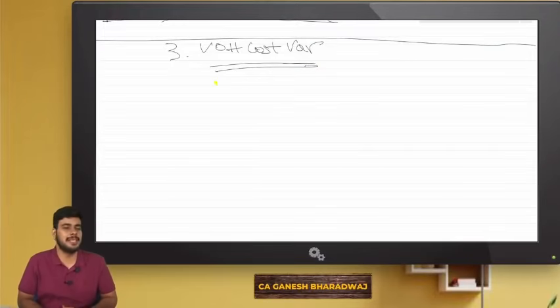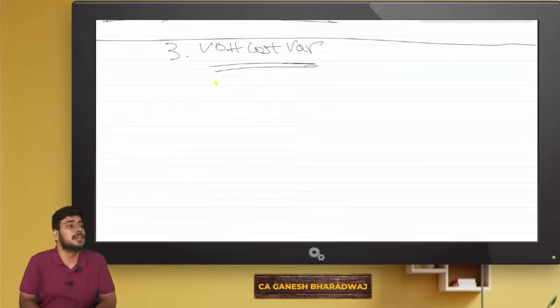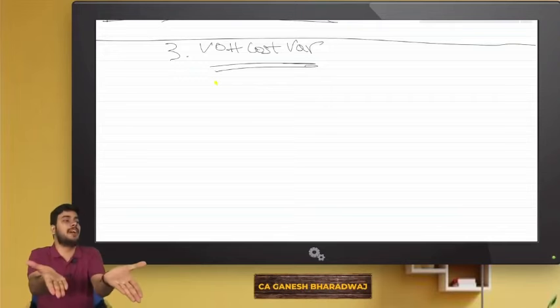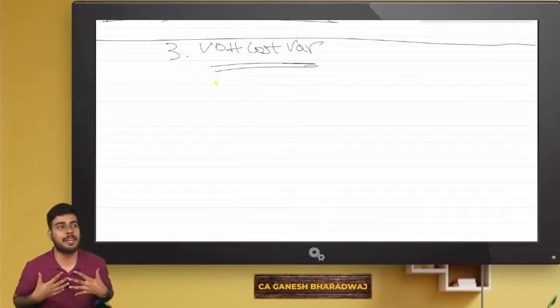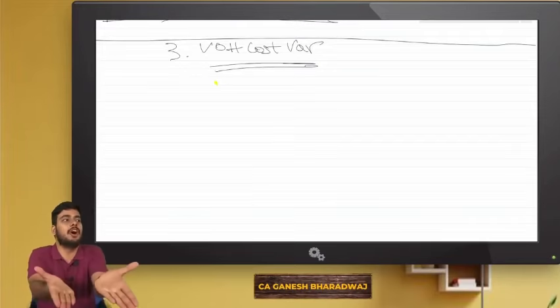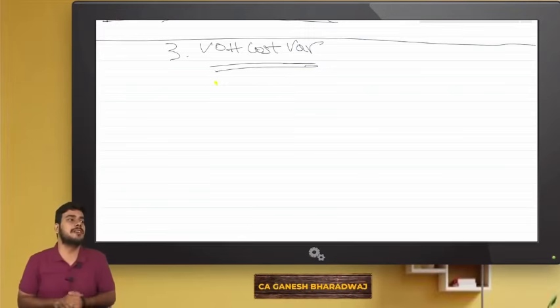Basically, this variable overhead is predominantly driven by the hours. Now what hours? I will say it's labor hours. Why? Because only for the labor hours that they are working, the machine is on. Only when the machine is turned on, I will incur variable overheads. Correct or not? Are you getting it?